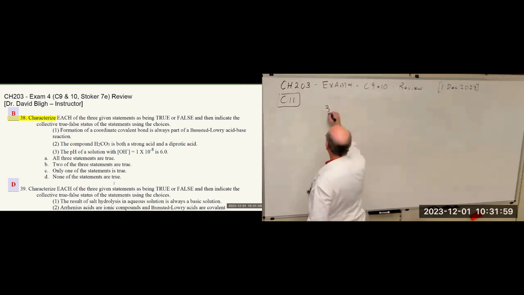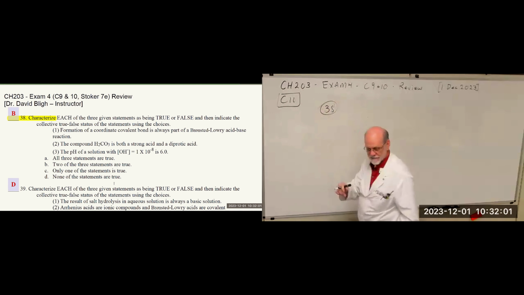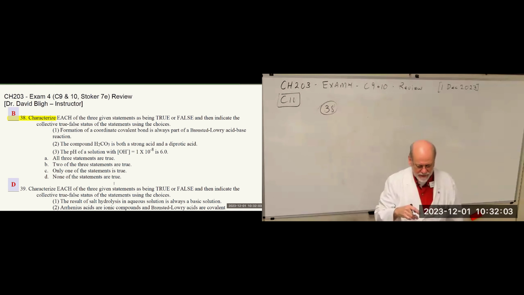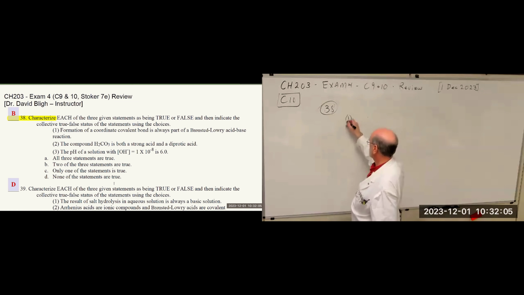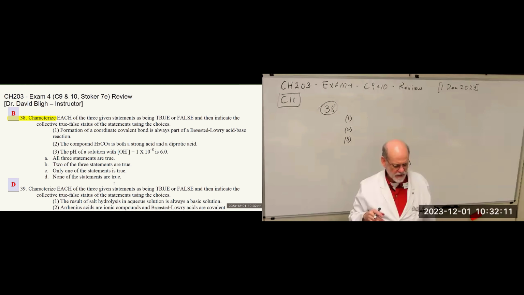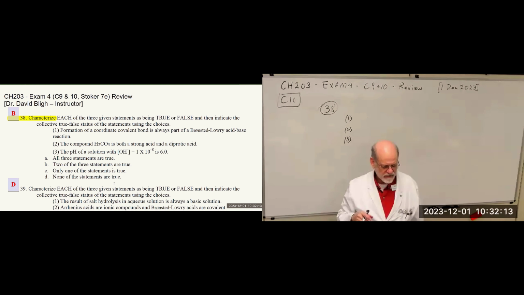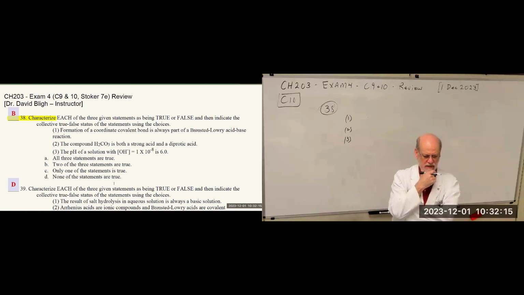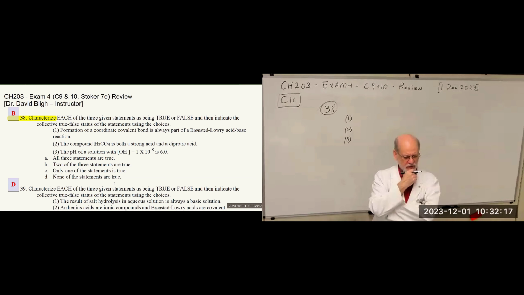38. 1, 2, and 3. All right. Formation of a coordinate covalent bond is always part of a Bronsted-Lowry acid-base reaction. You know, that could be true.